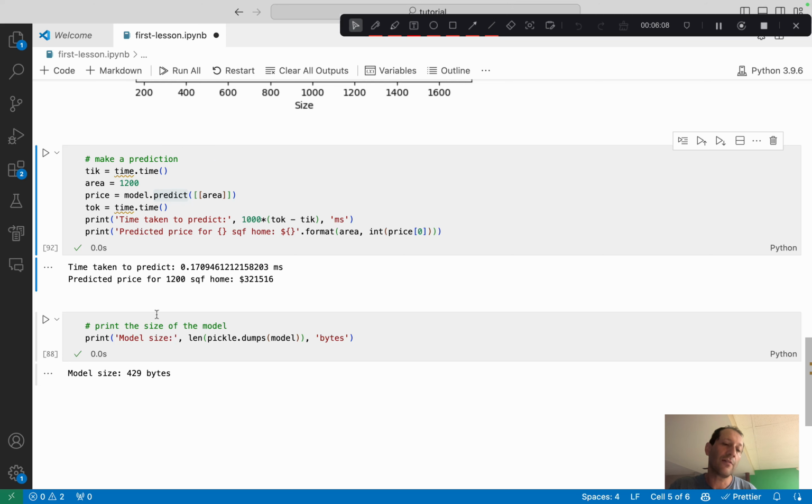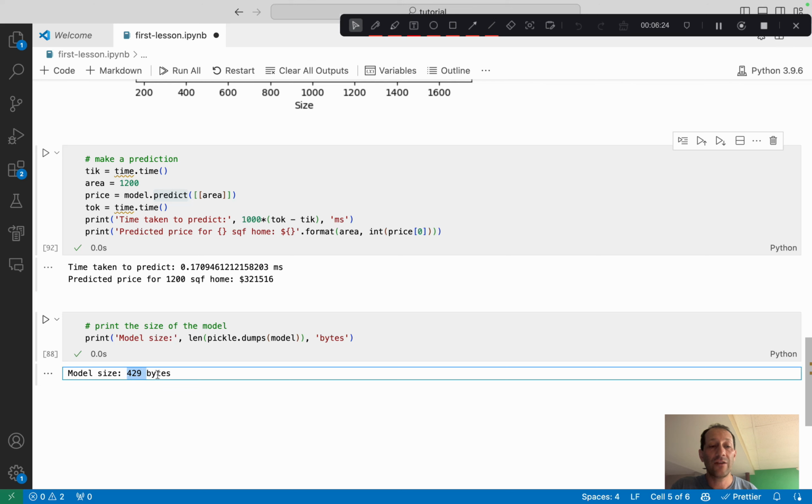The other thing is, if the model is just an equation with two parameters and a bunch of metadata about it, it should be very small in size if you wanted to store it in memory. And that is actually true. It is 429 bytes. That is a very, very small memory footprint, right?